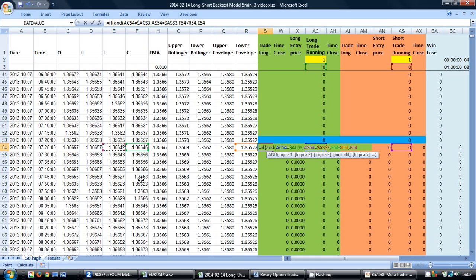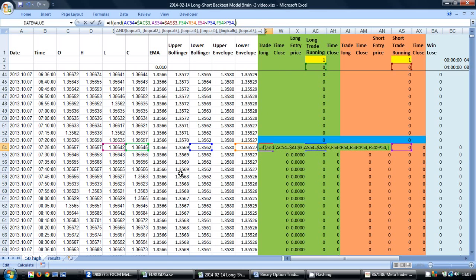And again, I want our low to be lower than the lower Bollinger. Put a comma in. Next, we want to make sure our close again, and this time is greater than our lower Bollinger line. Okay, so these are the trade entry criteria. Now there was one extra.